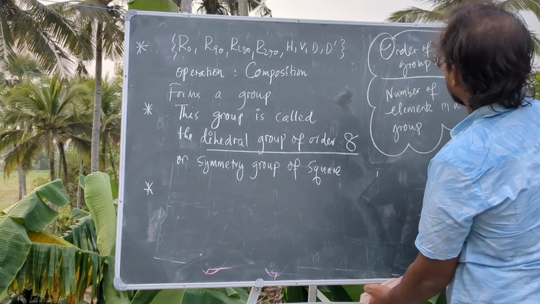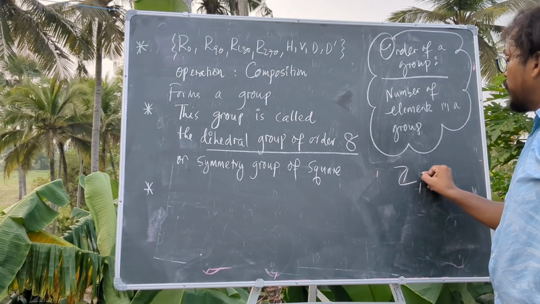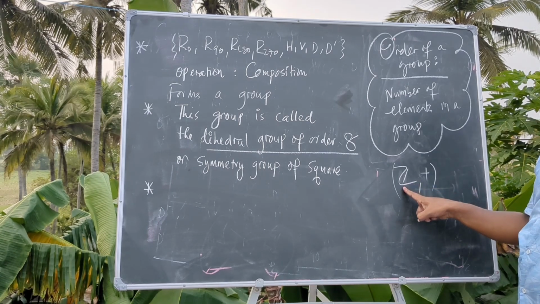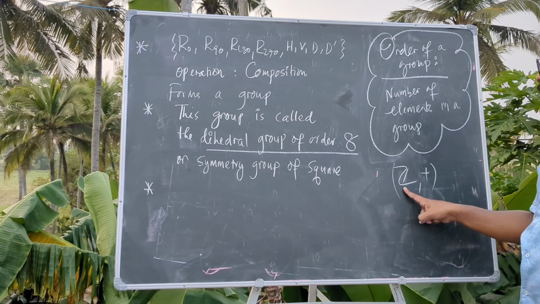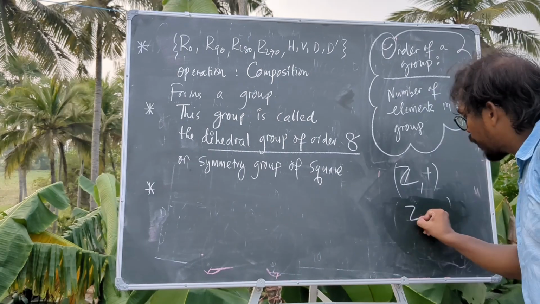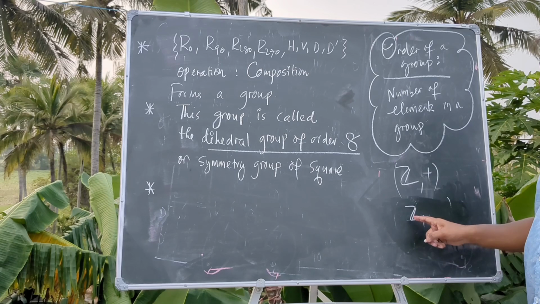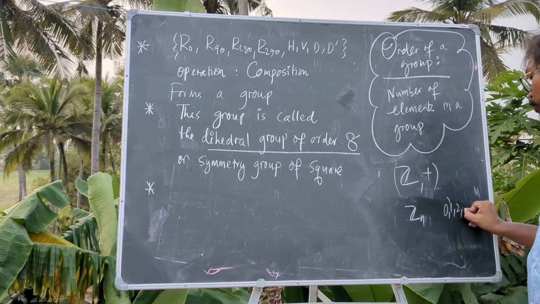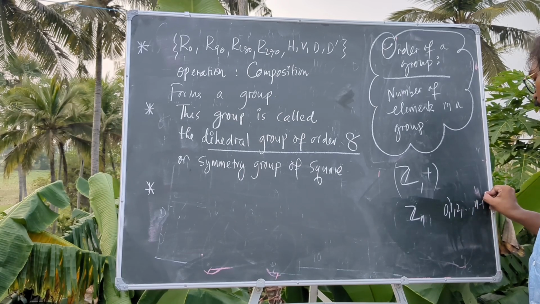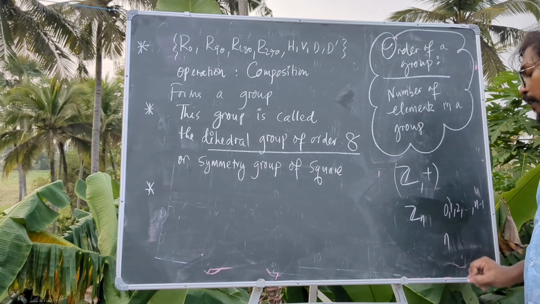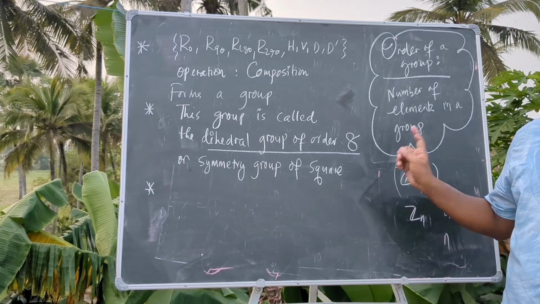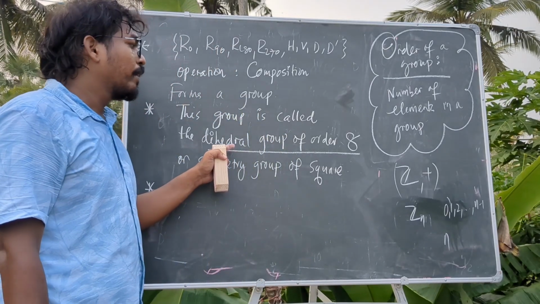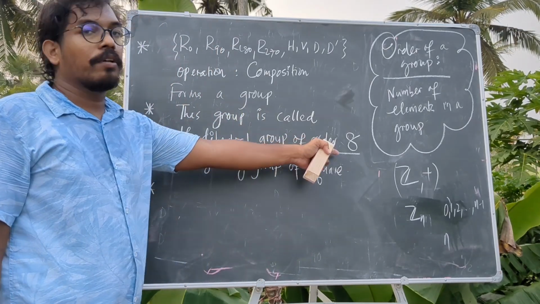For example, suppose we have the set of integers under addition. The number of elements in this group is infinity. So this is an infinite group and the order is infinite. We have Zn as our group. And what is the order of this group? This group has elements 0, 1, 2 up to n minus 1. So the order of this group is n. So order means the number of elements in that group. And we have 8 elements. So this is a group, and the name is dihedral group of order 8.